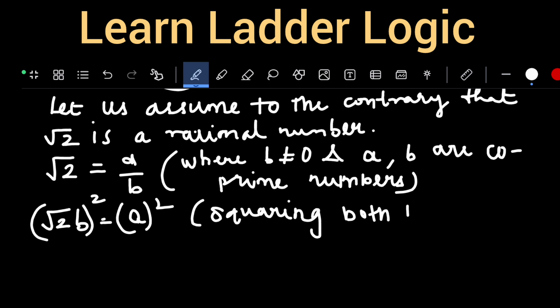When I square both sides, it can be written as 2b square is equal to a square, right?